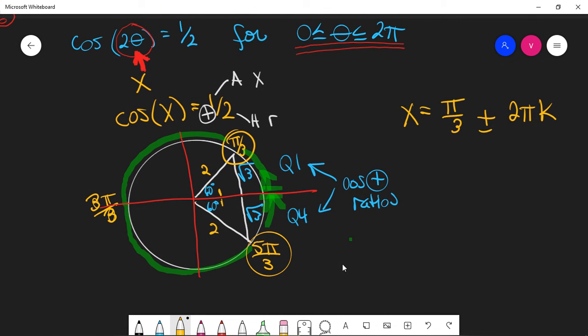I know it said 0 to 2 pi, but you have to do this rule first to check, because I'm going to show you in a second why.